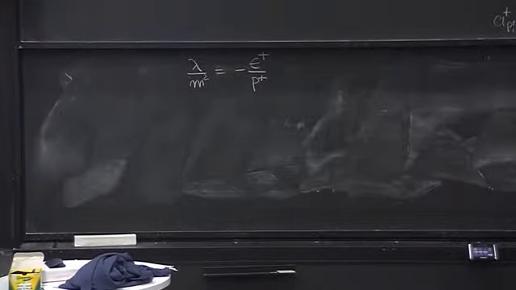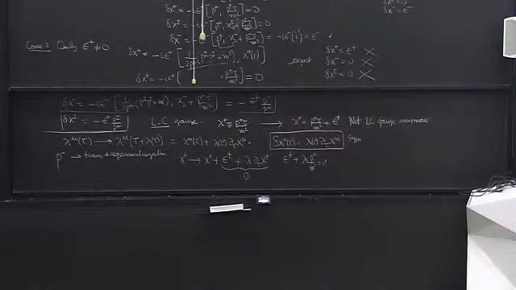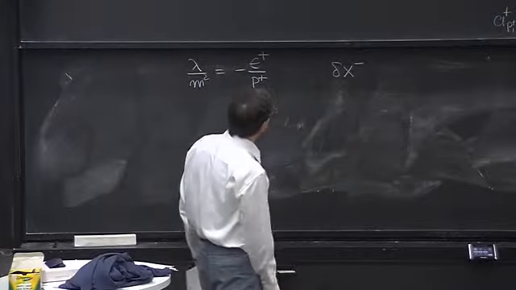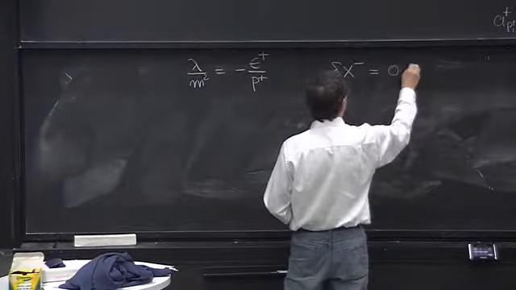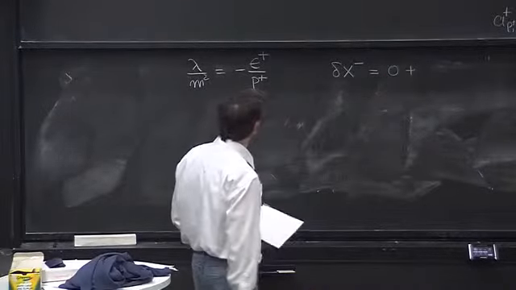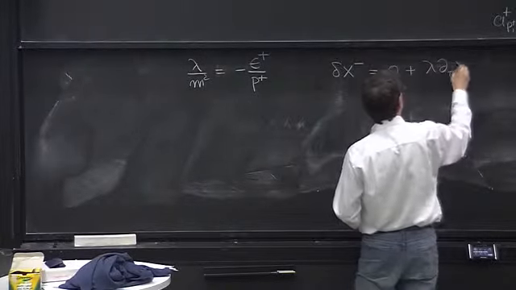Correct. So then, if this is true, what should have been the transformation of x^-? Well, it doesn't translate it, so it should be 0, but it should still reparameterize x^-, so it should be λ ∂_τ x^-.